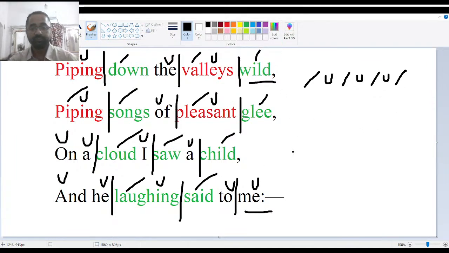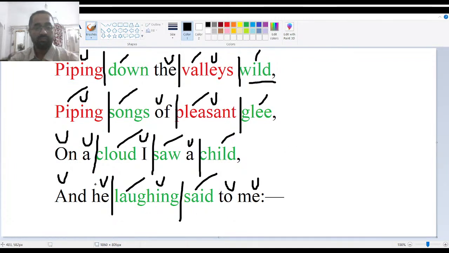Okay, so: piping down the valleys wild, 1 2 1 2 1 2 1, piping songs of pleasant glee. On a cloud I saw a child, and he laughing said to me.